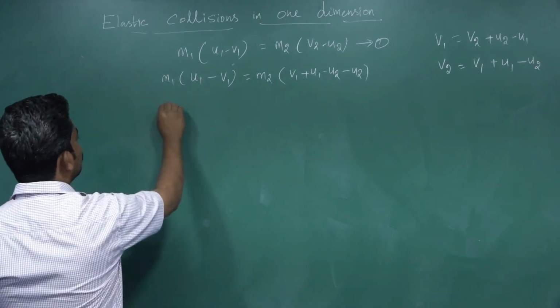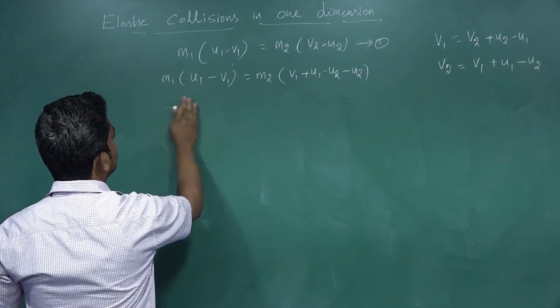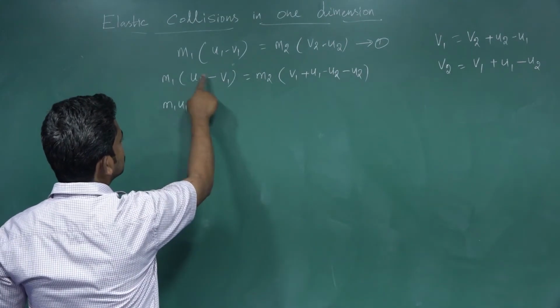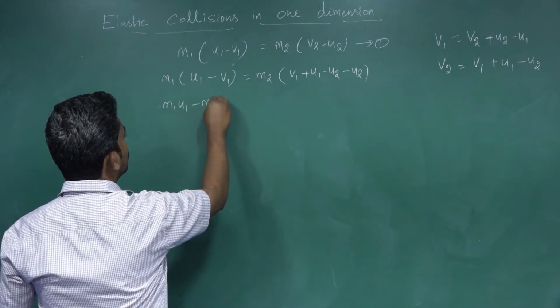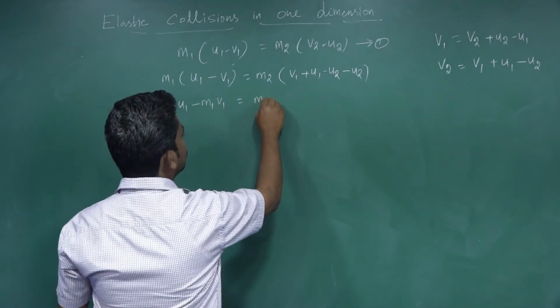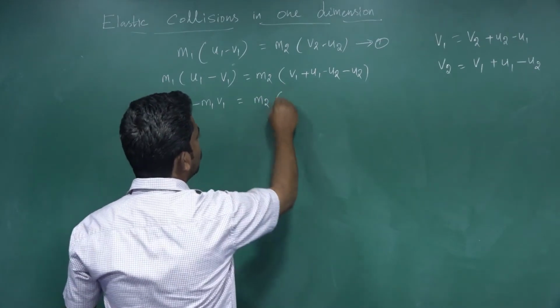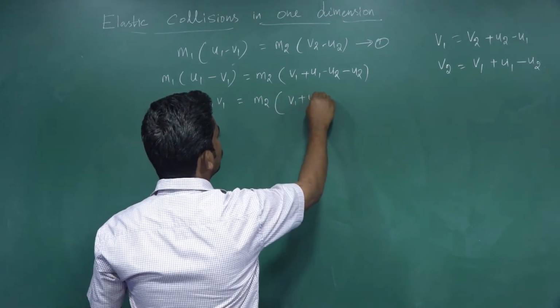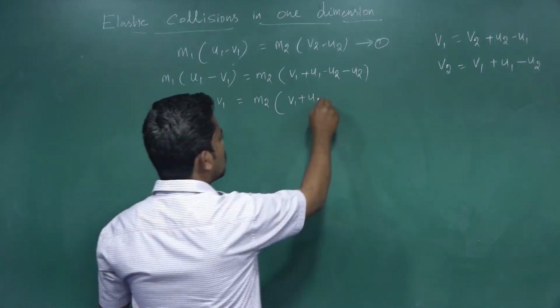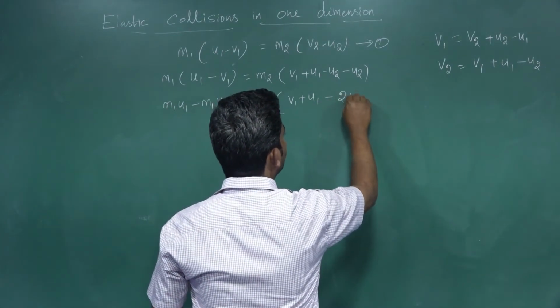So multiply: m1 u1 minus m1 v1 is equal to m2 of v1 plus u1 minus u2 minus u2, which is minus 2u2.